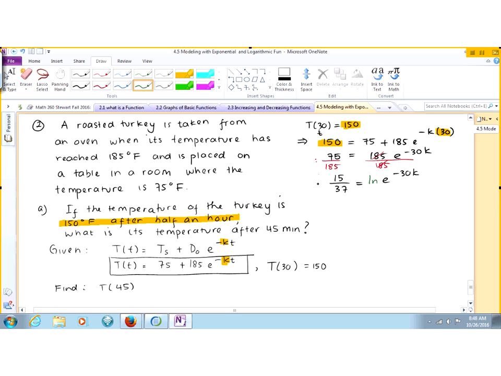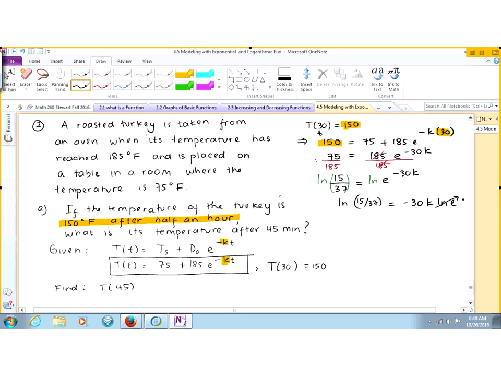Can we solve for k? Well, of course. We have done this many times, right? Once we do something many times, you become more and more comfortable doing it, even though it looks complicated. ln of 15 over 37 is equal to negative 30k ln e.